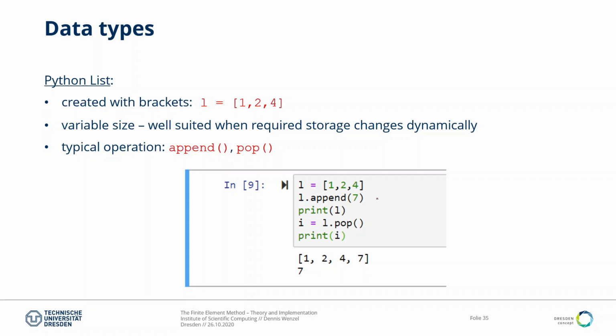So what happens if I use the statement pop is that I take out the last element of the list and return this. So my list is 1, 2, 4, 7 after I have executed my append statement here, and then I'm executing pop and assigning the return value to the variable i, and then i has the value 7. That's the one that's printed here. Okay, but you can play around with this quite a lot.